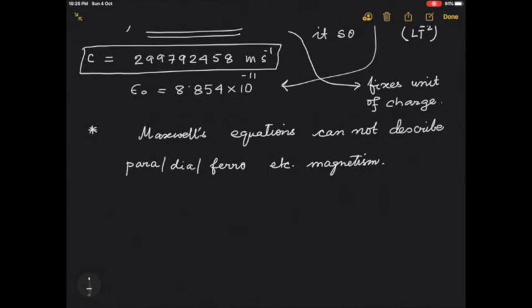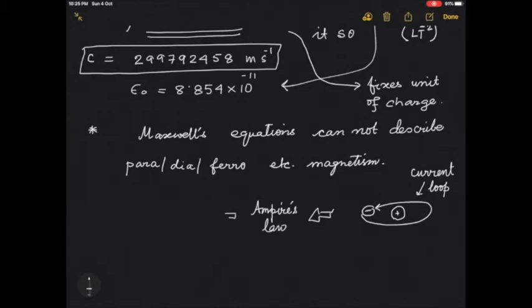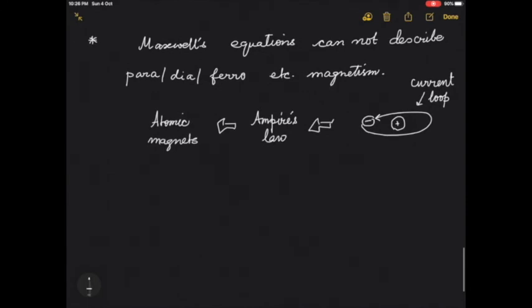Now you may be thinking that, well, we had this old school description of an electron going around a proton, and that gives a current carrying loop. And I may be able to use that with Ampere's law to get atomic magnetism. You probably have seen in books it's being described like this.